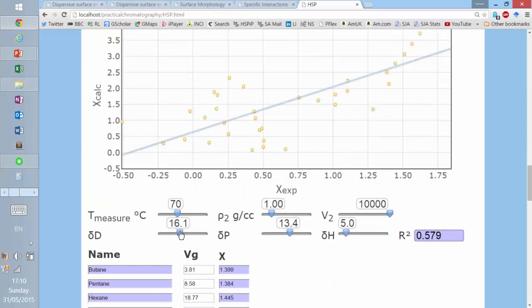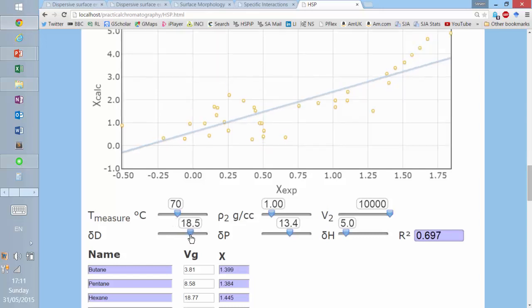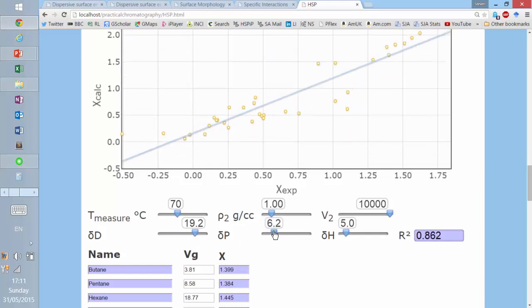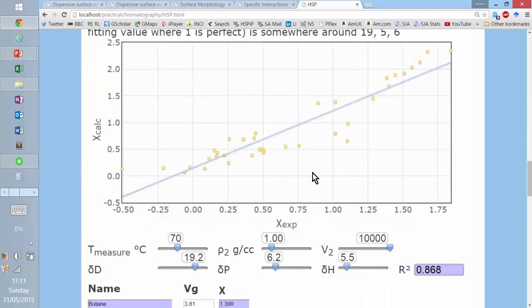And if I guess that the DD is 16, DP is 13, and DH is 5, you'll see there's a pretty lousy correlation. But if I then play around with these, obviously one could automate this with least squares fitting, but I'm just doing this manually, it's actually quite instructive. Then once I start getting some around here, I've got an R squared of 0.87, which isn't bad. So roughly speaking, the D, P and H of this particular thing, which is polycaprolactone, is around the 19, 6, 5 area, which is data we have from other areas.